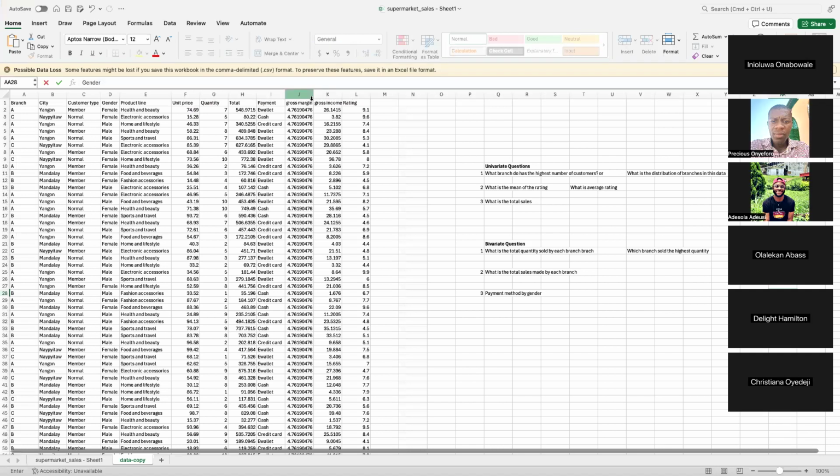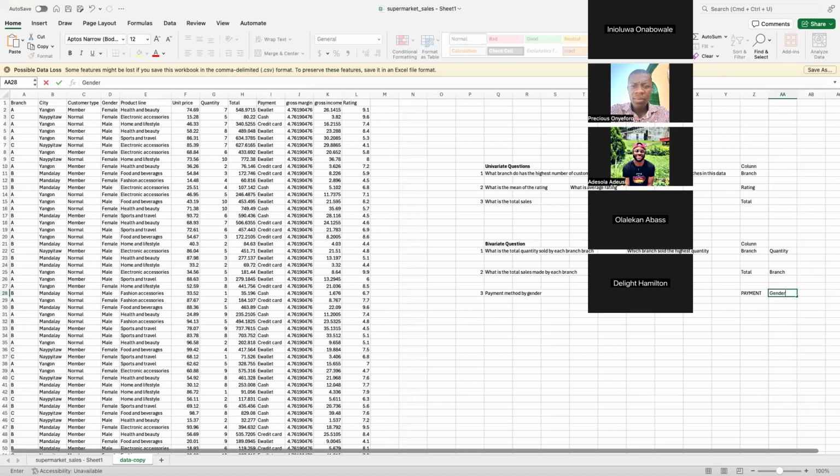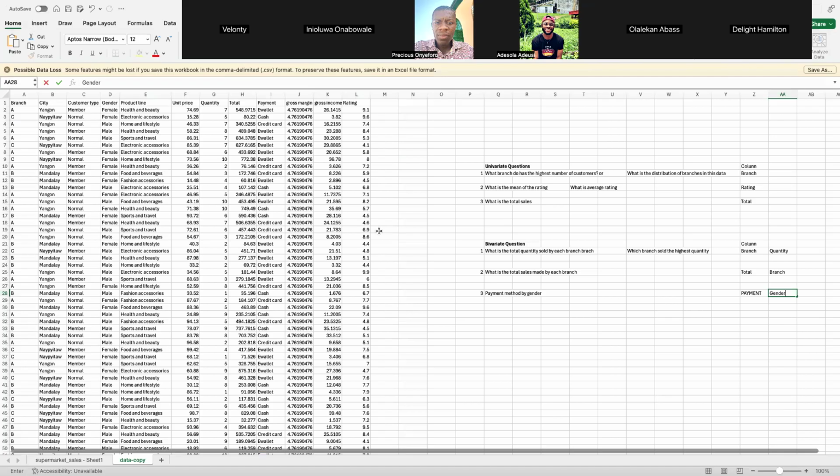So how do I know if I need to transform data or not? If it's a straight-up univariate analysis and it is in numerical data, you don't need a transformation.